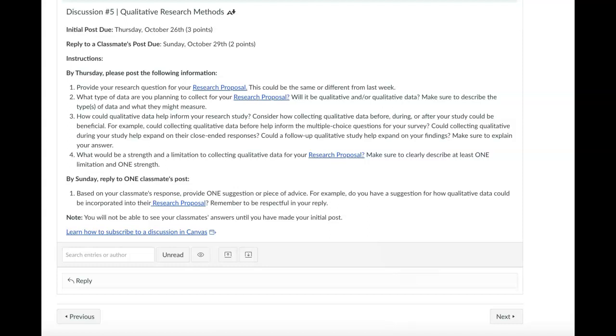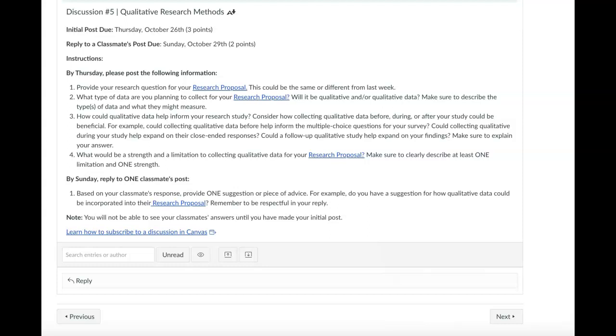I also want you to think in part 3 about how qualitative data could help inform your research study. So consider how collecting qualitative data before, during, or after your study could be beneficial. So, for example, could qualitative data collection before your study help inform the multiple choice questions for your survey?